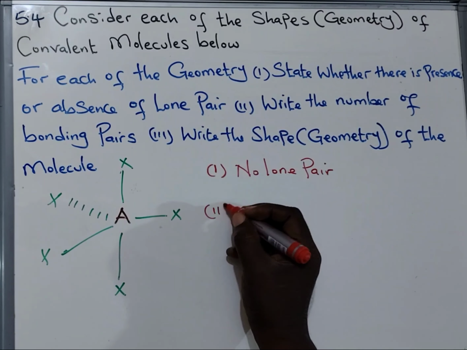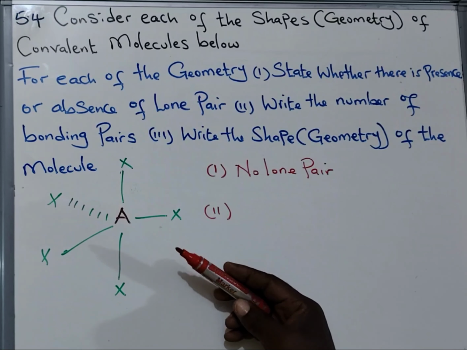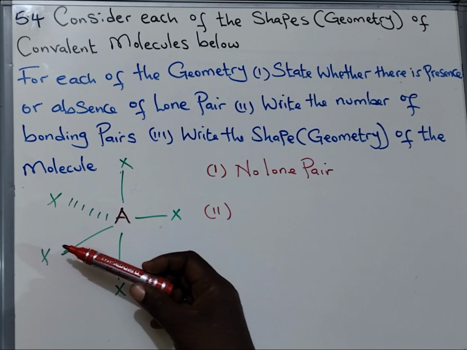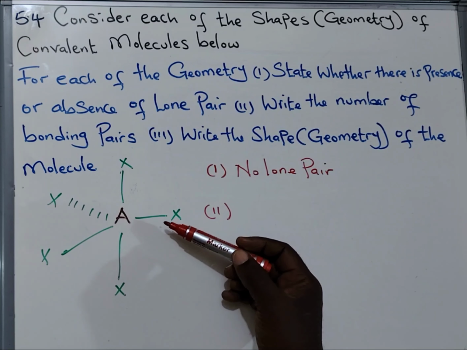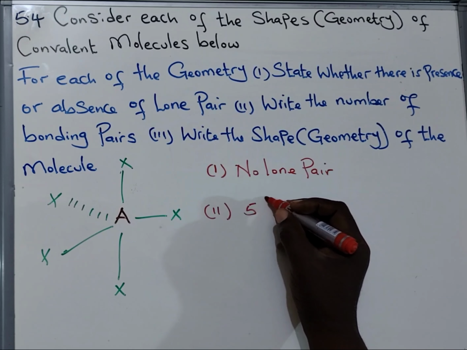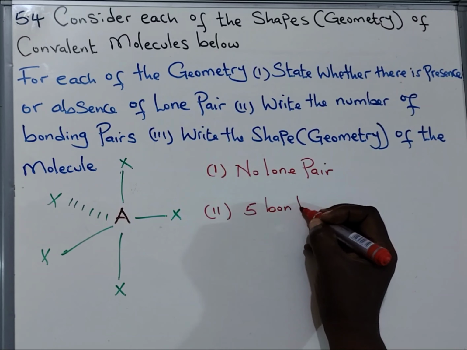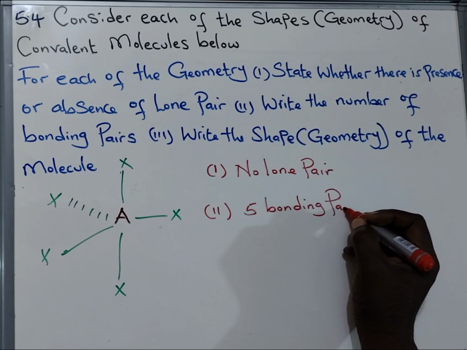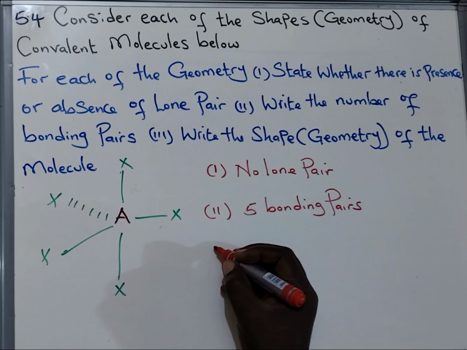Okay. Then you come to question number 2. Write the number of bonding pairs. 1, 2, 3, 4, 5. So they are 5 bonding pairs. Okay.